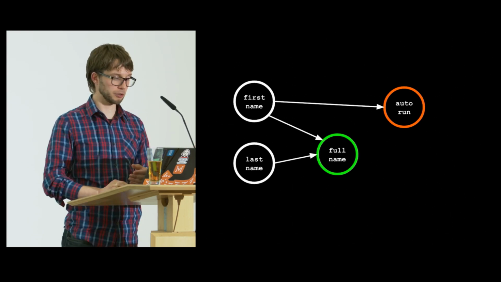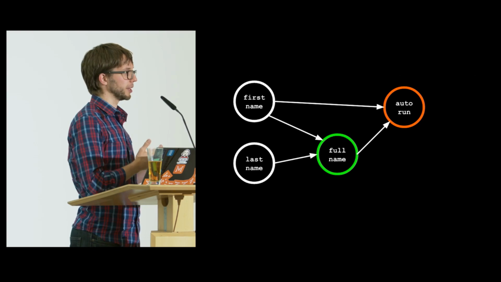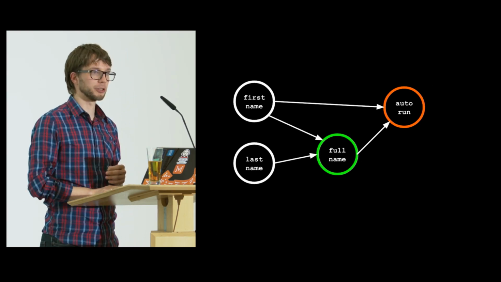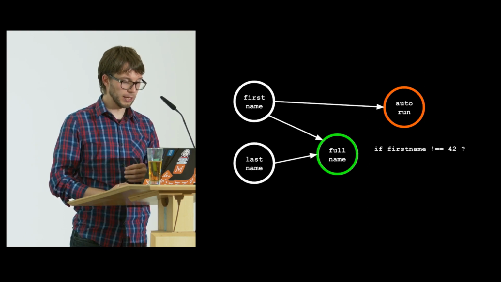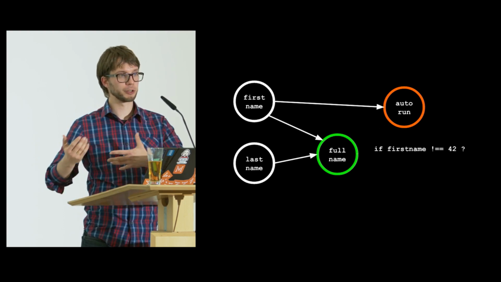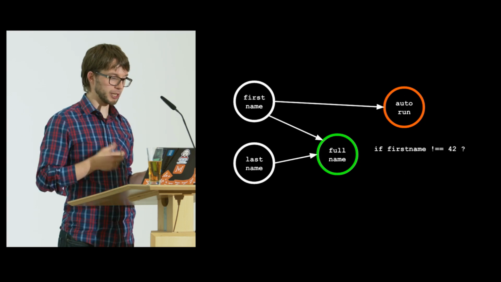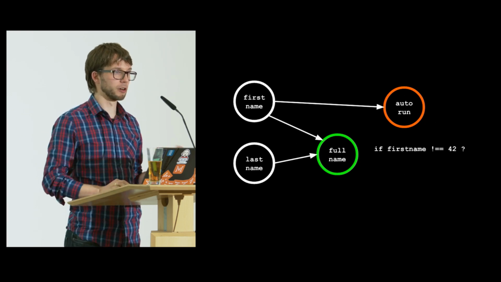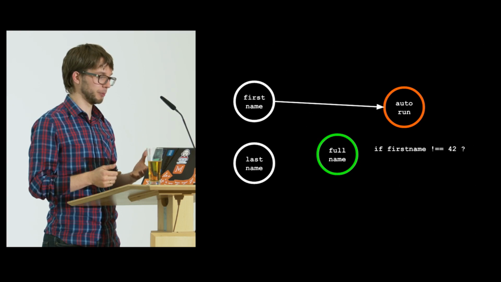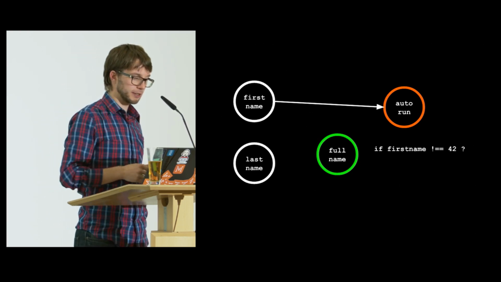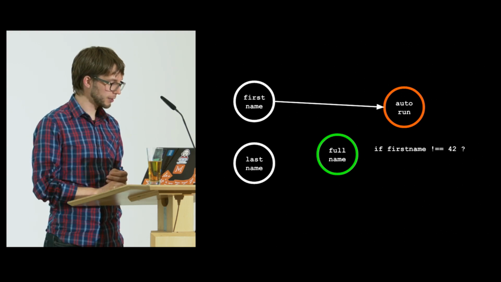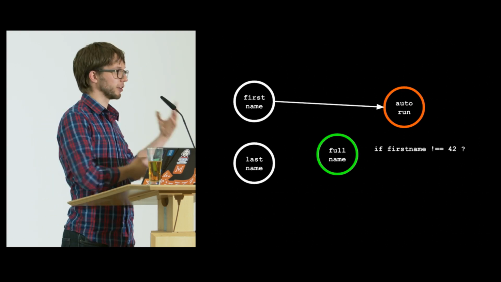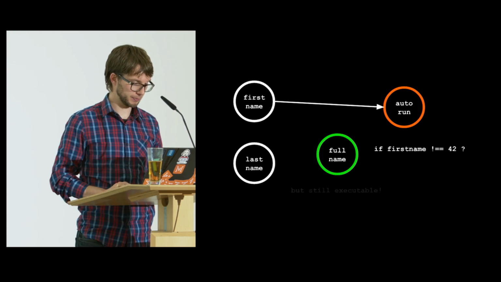It doesn't influence autorun directly, but full name itself influences the autorun as well. And if the first name is not 42, then the full name is not relevant, so it's no longer being observed. And since full name is not relevant anymore for anything, the last name is not needed for anything anymore. That's determined automatically by the 50 lines of code we just wrote.